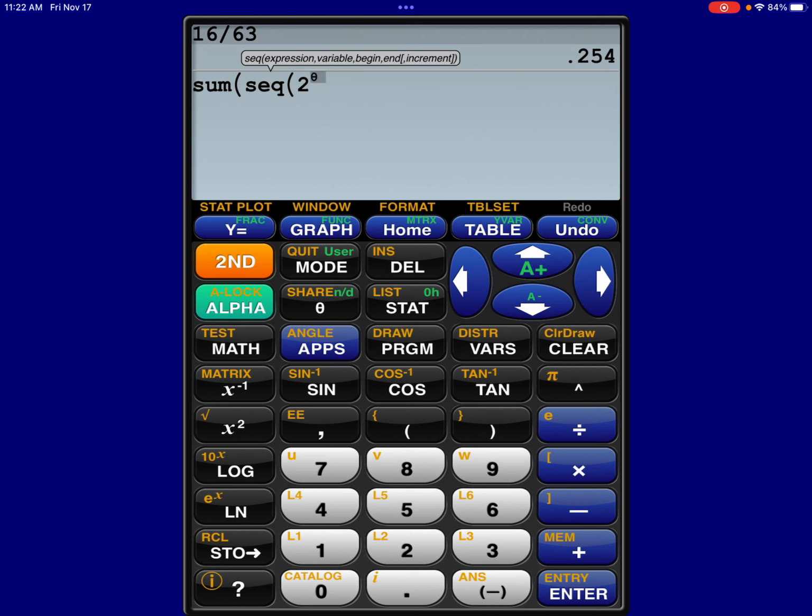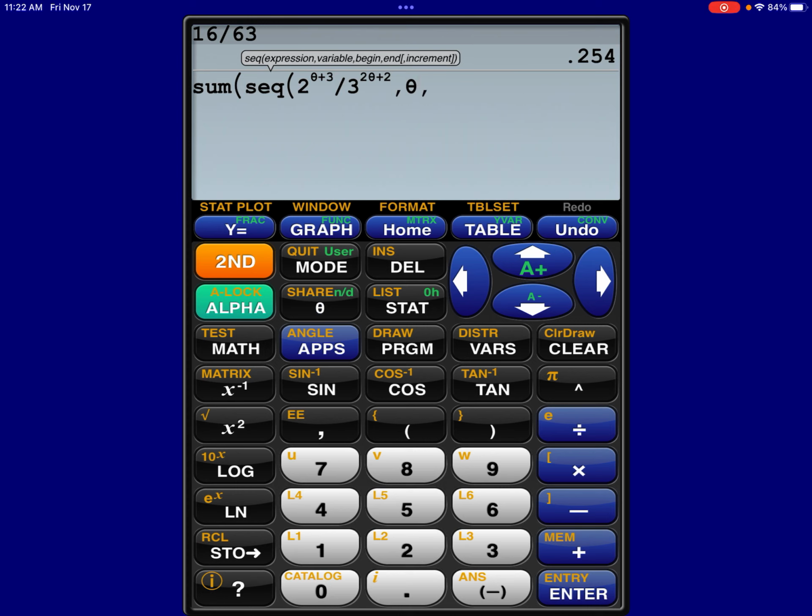Right now it's going to put theta, but it doesn't really matter as long as I'm consistent and keep using theta. Then divided by 3 raised to the 2 variable plus 2. If I can type a 2, there we go. And then we're using the variable theta.